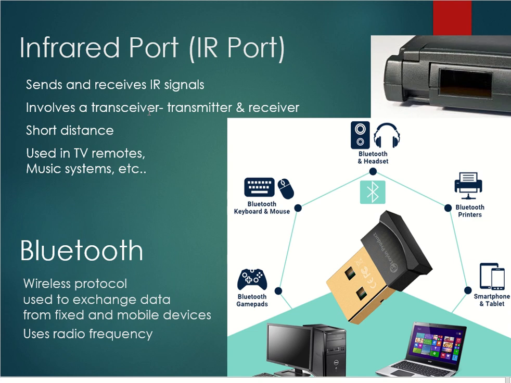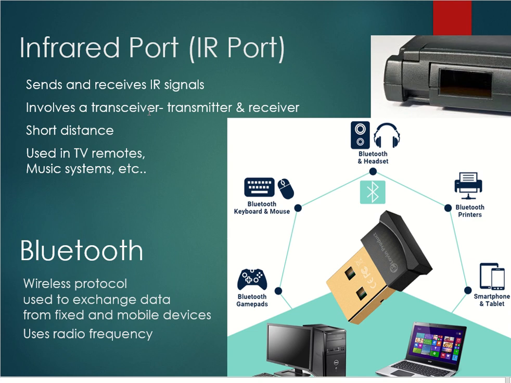Instead of that infrared port, now we have Bluetooth. By using this Bluetooth mechanism, we can connect many input and output devices, but the only disadvantage is the radius. To gain maximum effectiveness, we have to be within about a 5-meter radius.